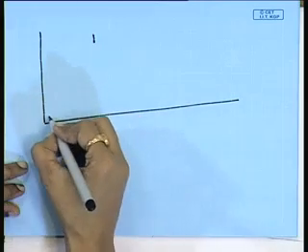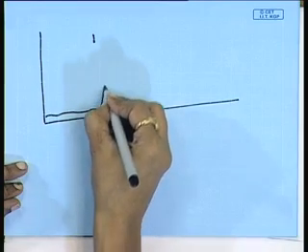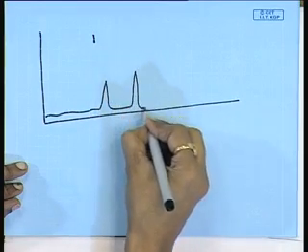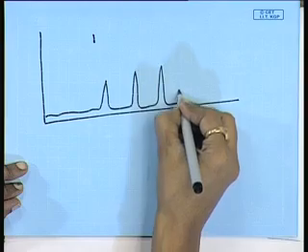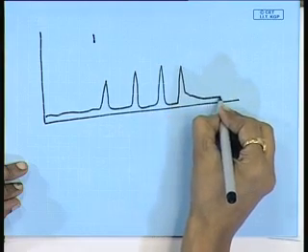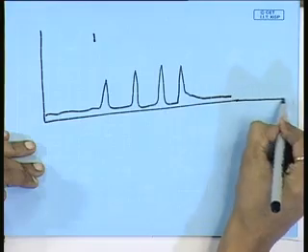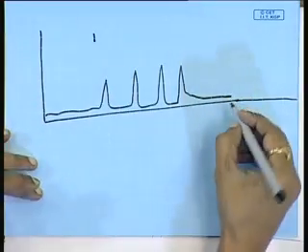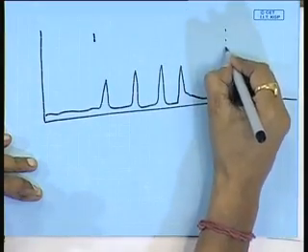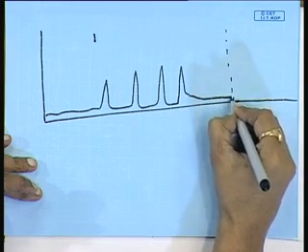If we plot this graph, we will get the same-charge protein which came out. After this, when no other unbound protein is present inside the column, we start applying the gradient.